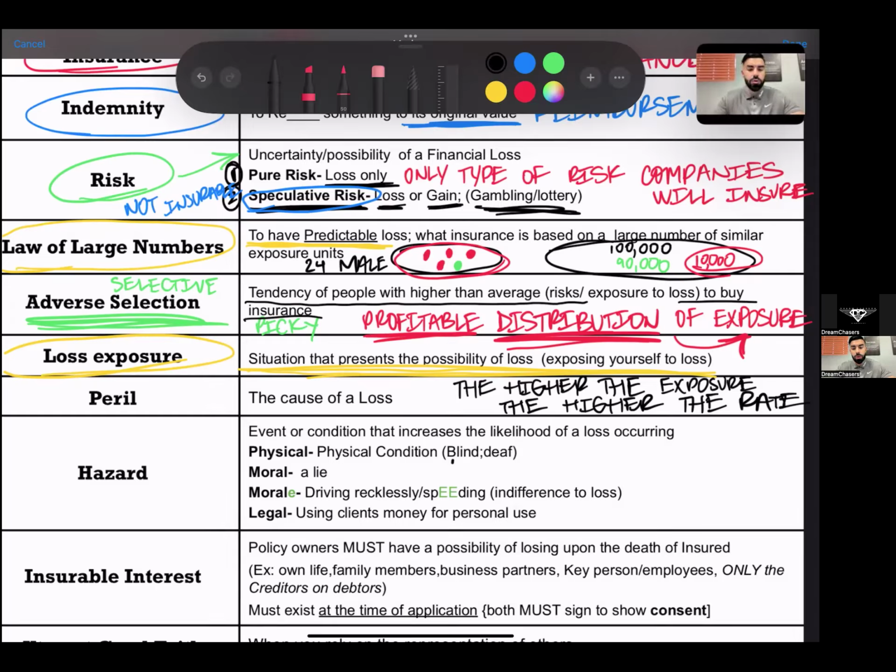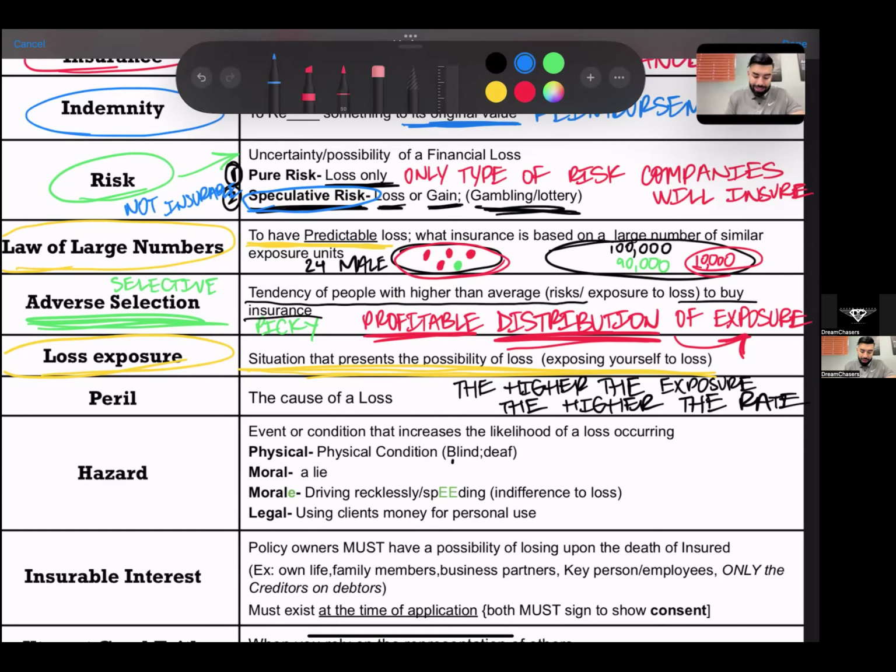What does that mean? It means the older you are, the higher the rate for insurance is going to be for you, meaning it's going to be more expensive, right? So the higher the exposure, the higher the rate. Okay. So the more exposed you are to the sun, the higher the probability you'll get sunburned, right? If you're not wearing sunscreen. Okay. Just to help simplify it a little bit.